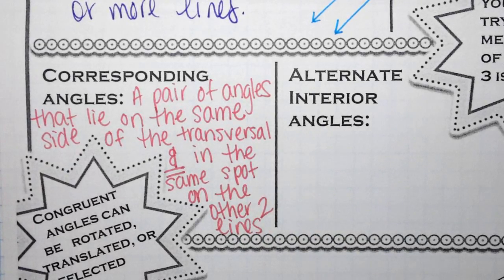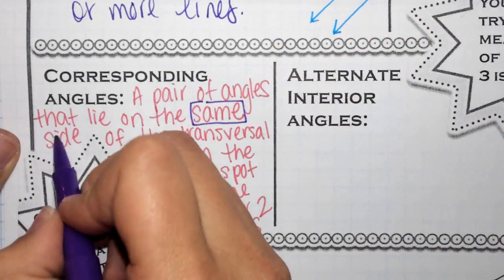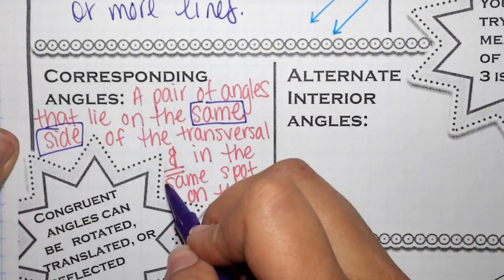We're going to talk about what all that means. But put a box, underline, heart, same side and same spot.